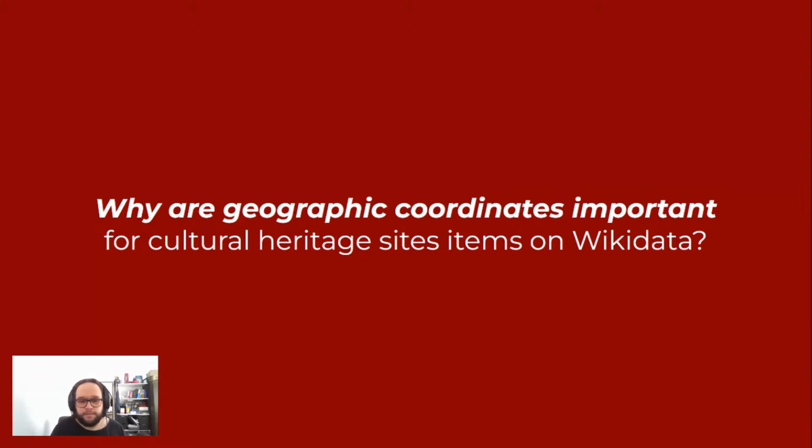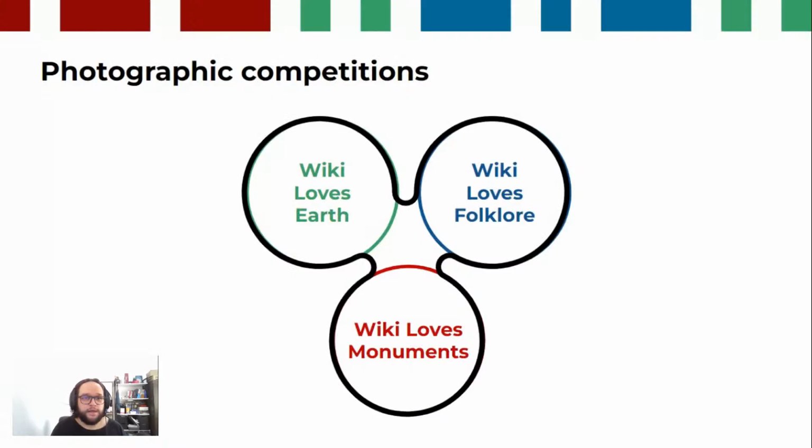And I think a practical example of why this is important is the photograph competitions that we promote in the Wikimedia universe, making a link to the Lemos 2017 diagram.